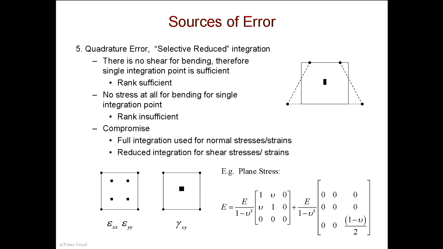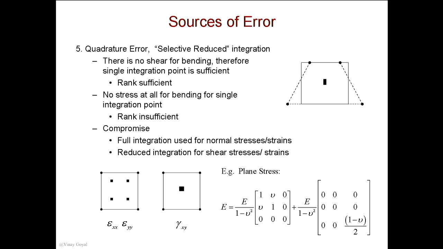Now, there's some tricks that exist in different finite element codes. It's called selective reduced integration. And so what you do here is, when I have a bending problem, you have no shear. So here, if I use a single integration point, we can call it rank sufficient because it's not going to matter for this problem. Although I'm not picking up the shear here or here.